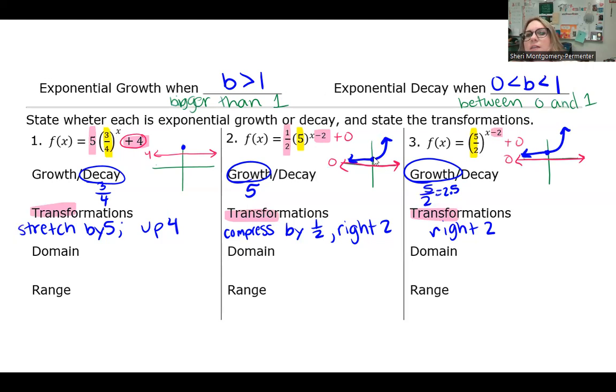These both shift to the right, but it doesn't matter. It's going to have the same shape. We need to have the shape. For this graph, decay graphs look a little bit different. They get smaller, so they go down like that.